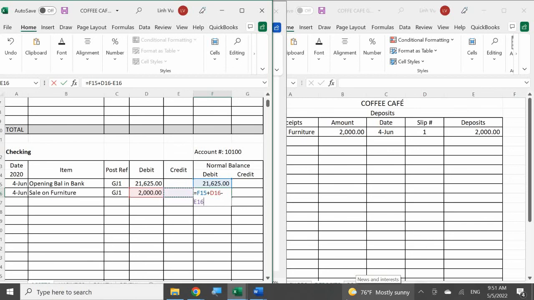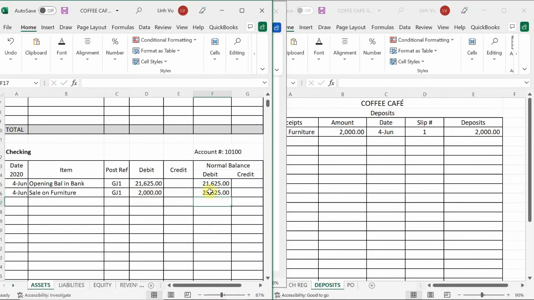You're going to take the previous balance, you're going to add any debits, and you're going to subtract any credits, okay? If you're looking at cell referencing itself, it's going to be up 1, okay, plus left 2 minus left 1, okay? So your previous balance plus your debits minus your credits, and that should give you a running balance.